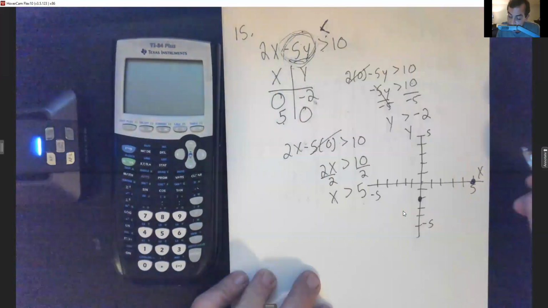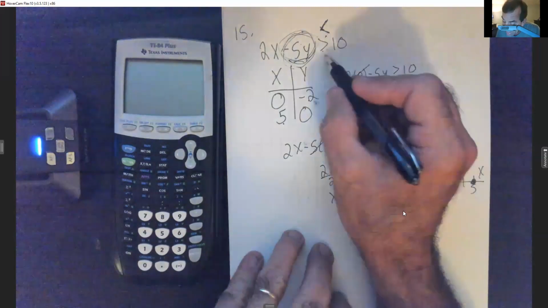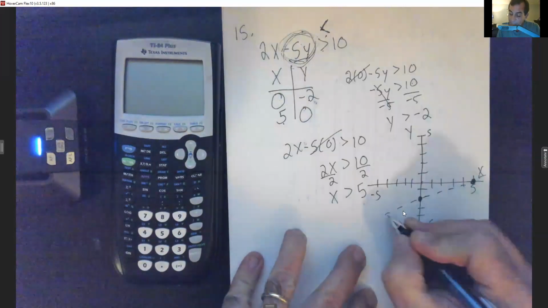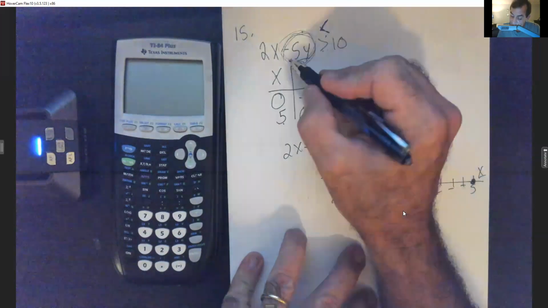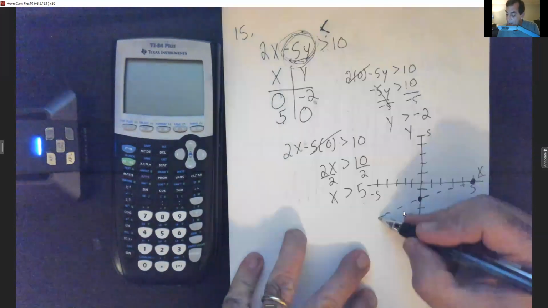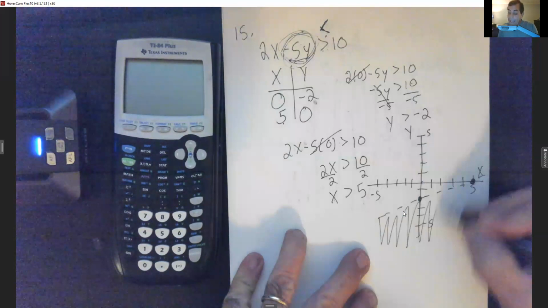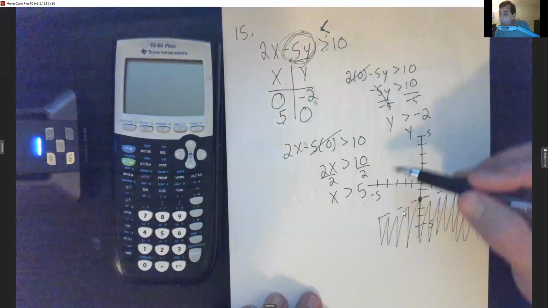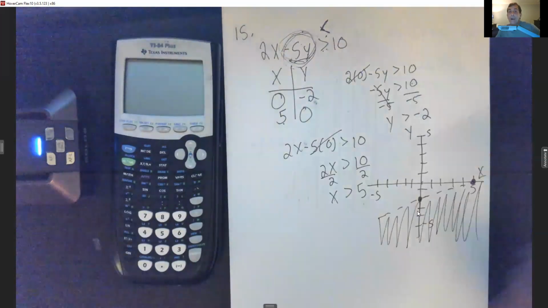So look, there's no equals, so it's a dotted line again, going like that. And we had to flip it because y was negative and make it less than, so we would shade all that below. Had that been a positive 5, I would have left it the same, and I would have shaded above that line, okay?